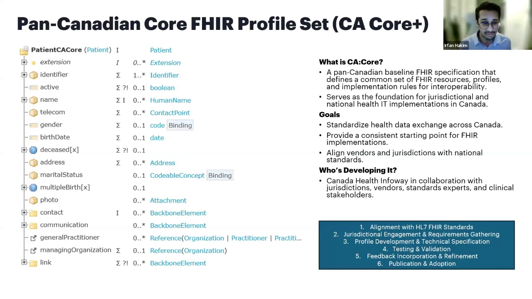It's a set of FHIR resource profiles, and a number of value sets as well, which have been defined by CHI, a number of jurisdictions that have come through, and vendors. This whole FHIR community sat through in Canada to define what core profiles we need in Canada to achieve a number of the use cases.